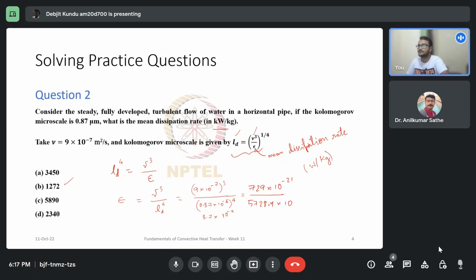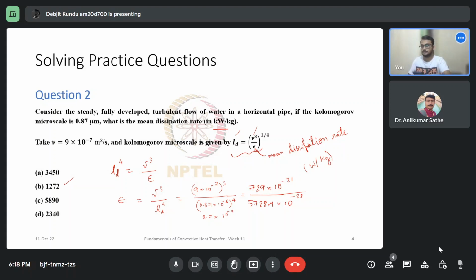So this becomes minus 28. No, this 1272 answer is correct, sir. So 1.27 divided by 5728.9 multiplied by 10 to the power 7.